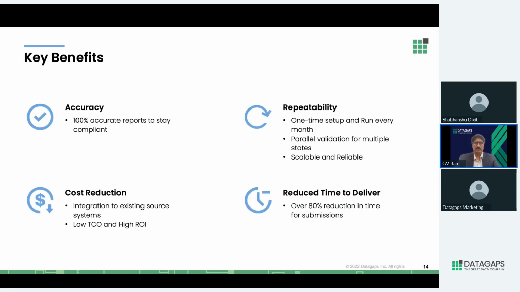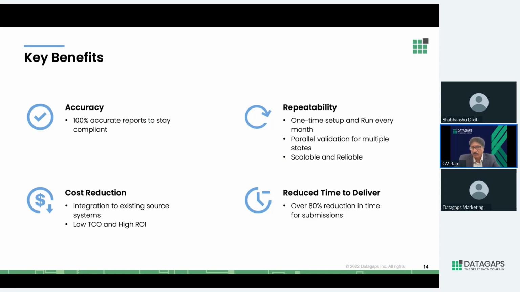So these are the key benefits when you talk of it. You're talking about 100% accurate reports just to stay compliant across for whatever has been defined under the No Surprise Act, right? So the APCDs are defined under the No Surprise Act, and we try to work with the common data layout. So 100% accuracy in the reports. Repeatability: it's a one-time setup and run every month.